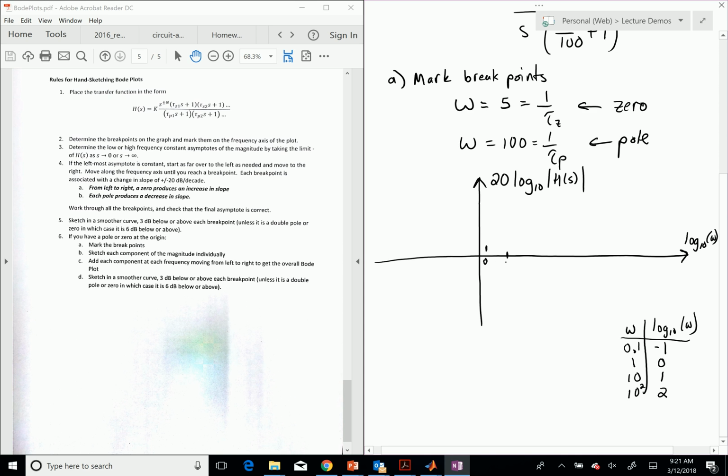So 0, 1, 2, 3, 4, 5. Down here, these are the log values. And up top are the actual frequency values that go with that.